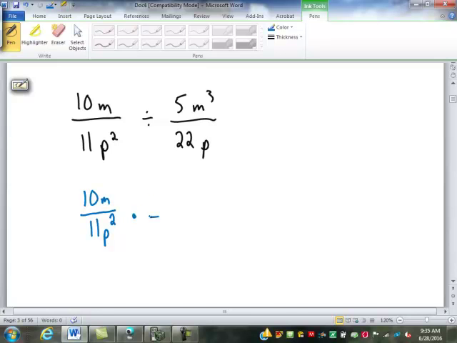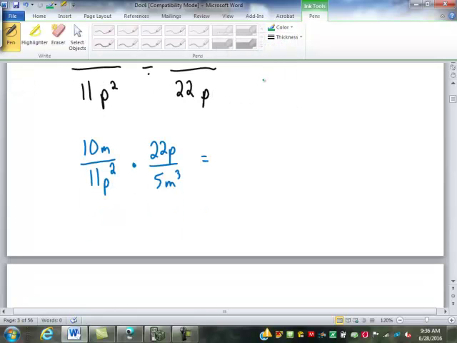Times what? 22p over 5m to the 3rd. And then ten over 11 times 22 over 5.